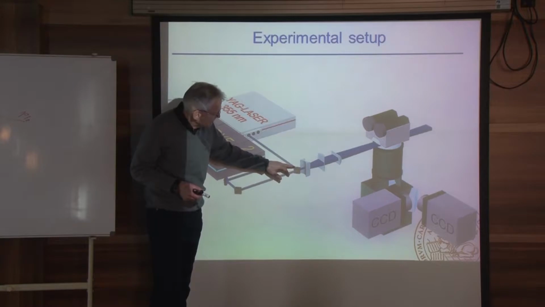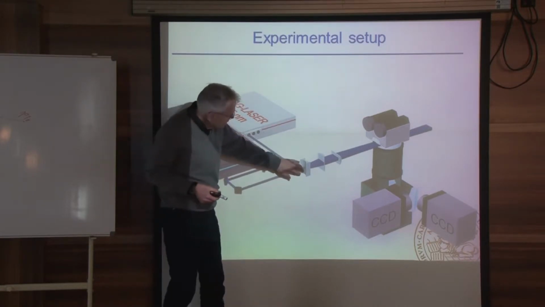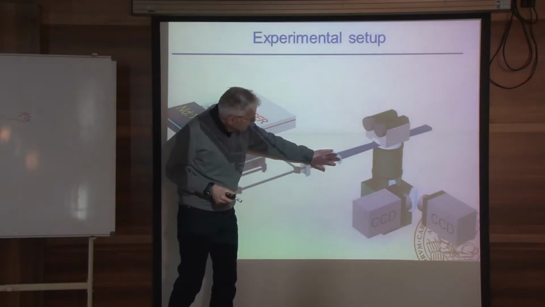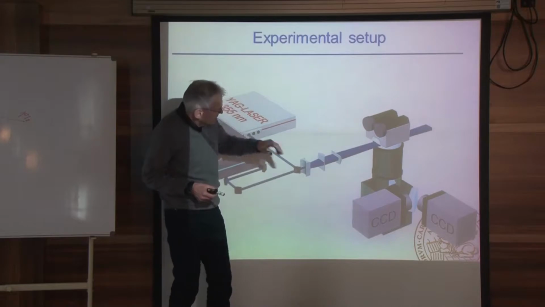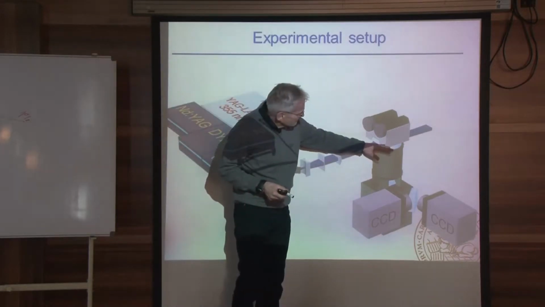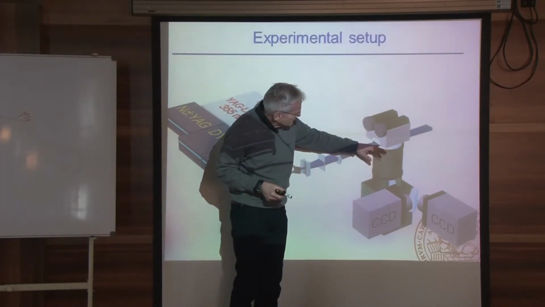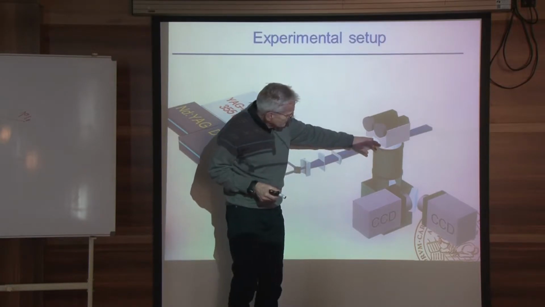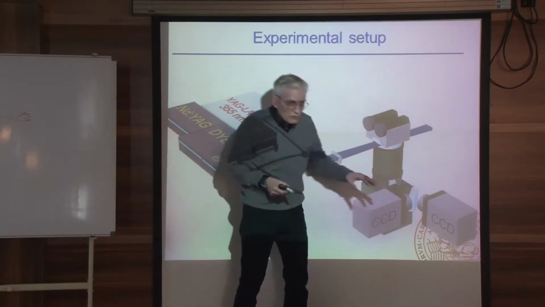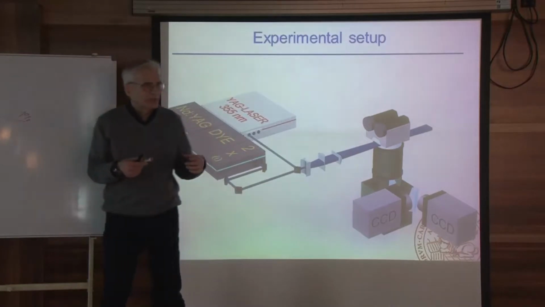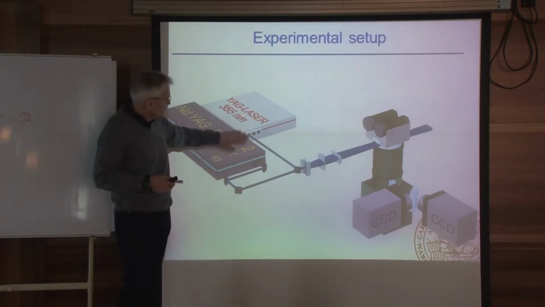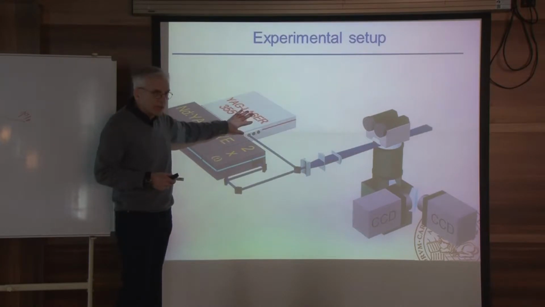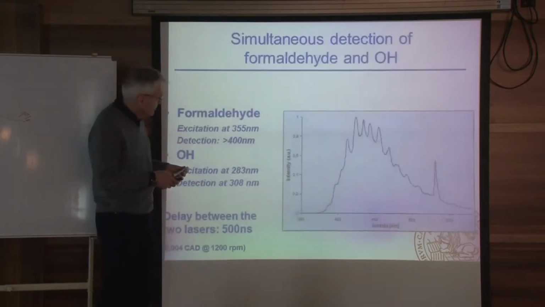It reflects the 355, transmits the 280, goes through a lot of optics, filters, and lenses, through the optical engine, and then we detect with two simultaneously gated detectors, corresponding to the fluorescence from the formaldehyde and the OH.